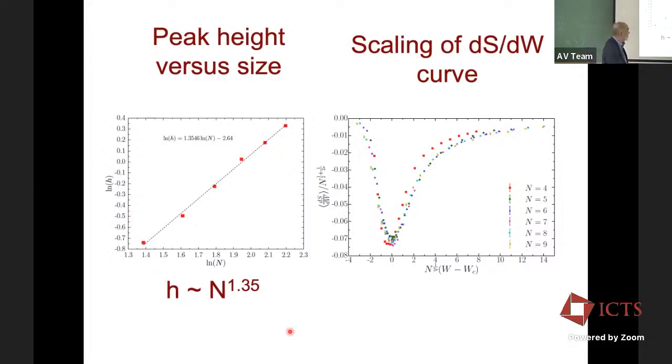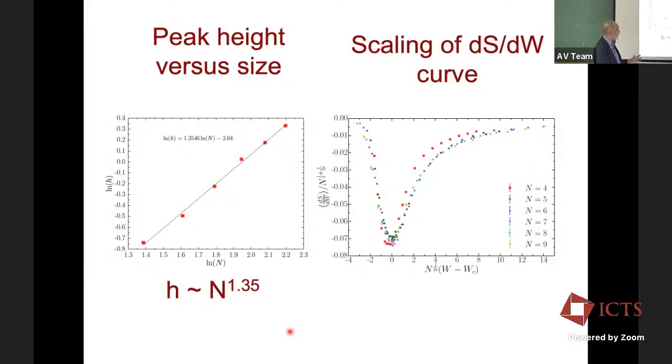The point I'm trying to make here is that we went from a situation where there was only one calculation to see the transition and locate it roughly, to a situation where we feel this is showing the transition very clearly, and is also giving an exponent.